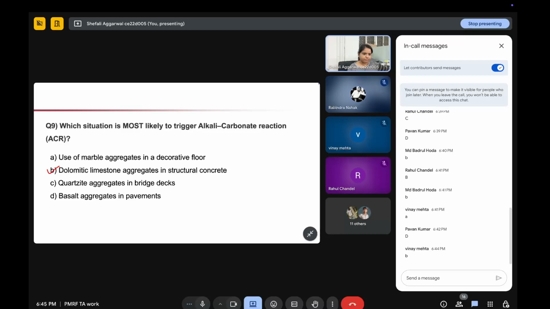D, madam, basalt aggregates in pavements. But basalt doesn't have carbonates, and we are talking about alkali carbonate reaction. That's why we say option B is correct, because dolomite limestone will have more carbonates as compared to basalt, and it will create more alkali carbonate reaction issues as compared to basalt aggregates.